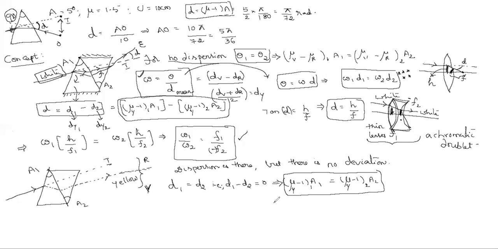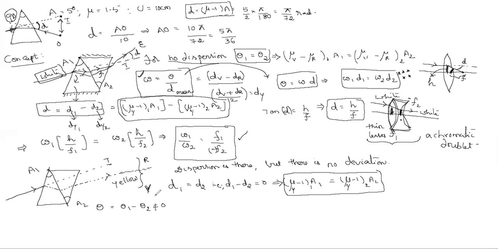Here, if they ask what will be the dispersion, you have to calculate the net theta. Net theta means theta 1 downwards and theta 2 upwards. Net theta equals theta 1 minus theta 2, and that is not equal to 0. Whereas in the previous case, with no dispersion, theta 1 minus theta 2 equals 0. Here theta 1 minus theta 2 is not equal to 0.